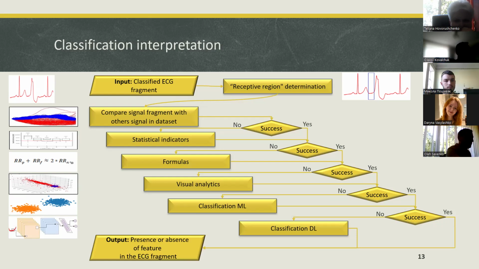The selection of such approaches is carried out by sequentially analyzing information according to criteria such as: is it possible to interpret the result by visual comparison, or by a statistical indicator, or by formulas, and so on. The result of performing all these steps is a conclusion about the presence of the feature in the given electrocardiogram fragment.